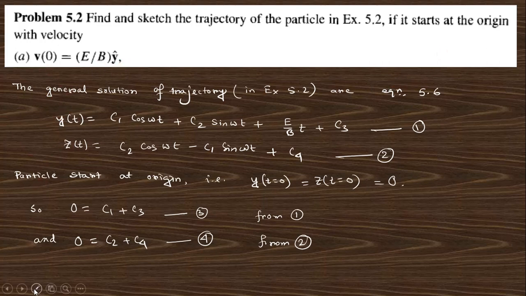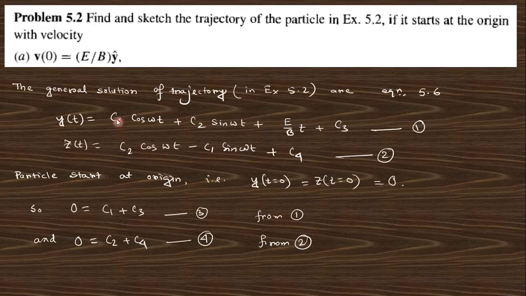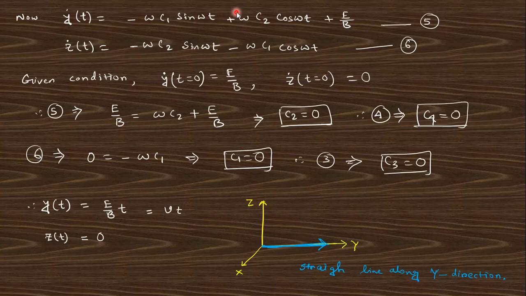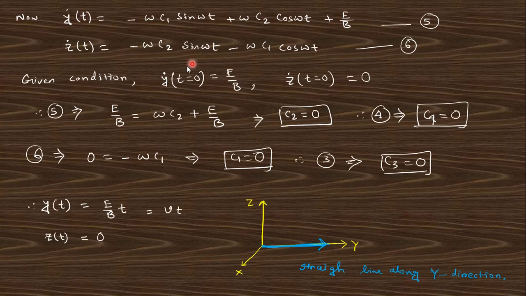Now the velocity is E by B along y cap. If you find the velocity components, that is the y and z derivatives with respect to t, you will get these two expressions. Now the condition at t equal to 0 is y dot equal to E by B and z dot equal to 0, because the velocity is along the y direction, and along the z direction the velocity is 0.